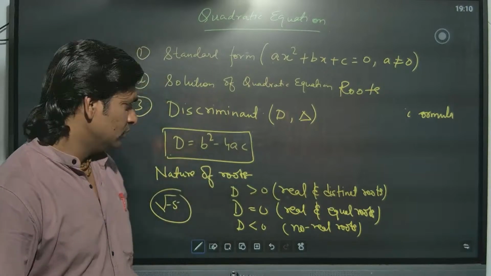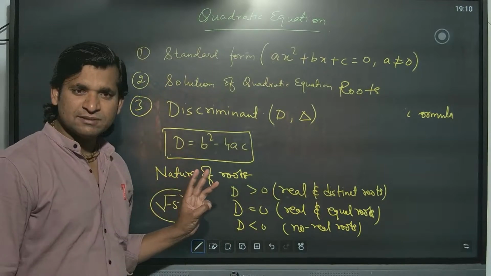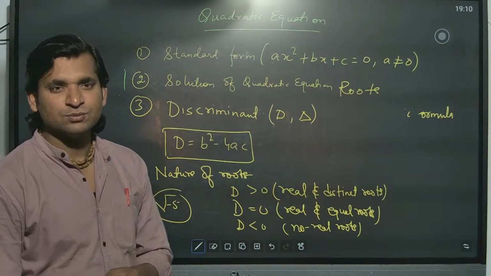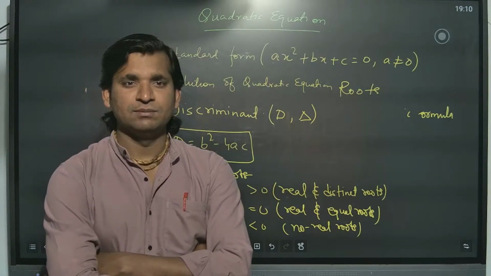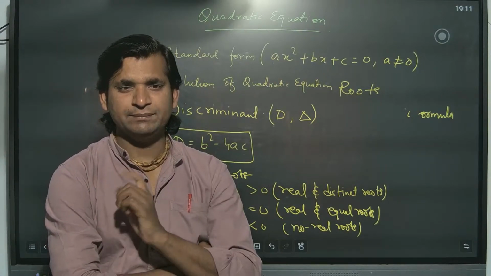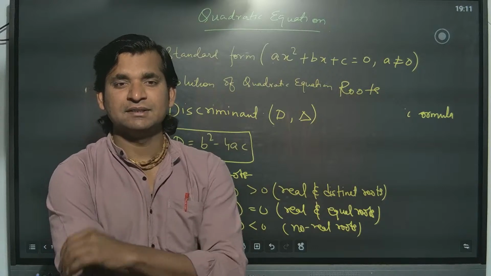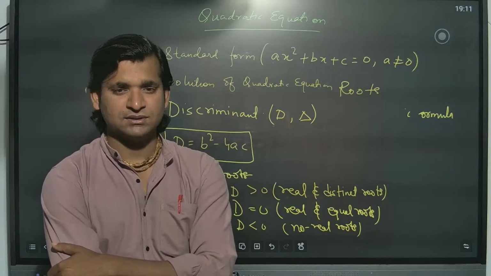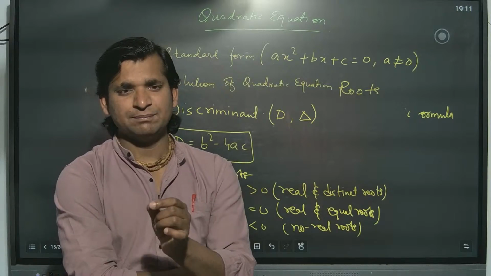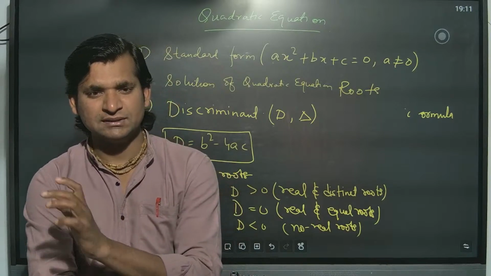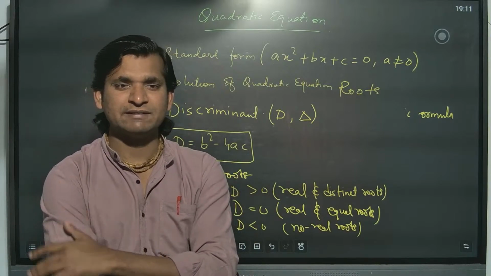So this is the third concept we have to study, and fourth and last is our word problem. So speed based word problems, age based word problems, and third, number based word problems are very important. For example, they will tell the sum of two numbers is 70.